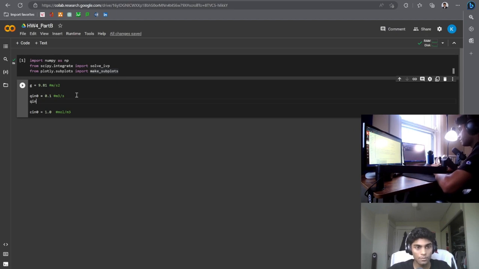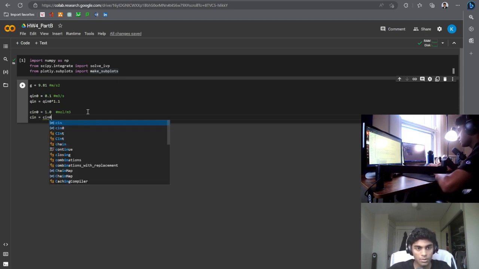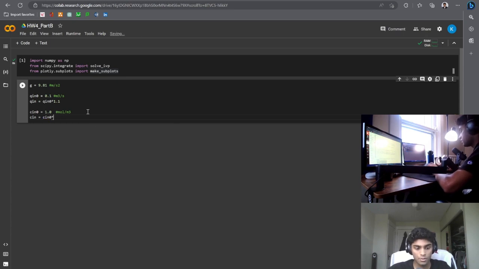So Q in equals Q in naught times 1.1. And the inlet concentration increases by 25% at t equals 0. So C in equals C in naught times 1.25.